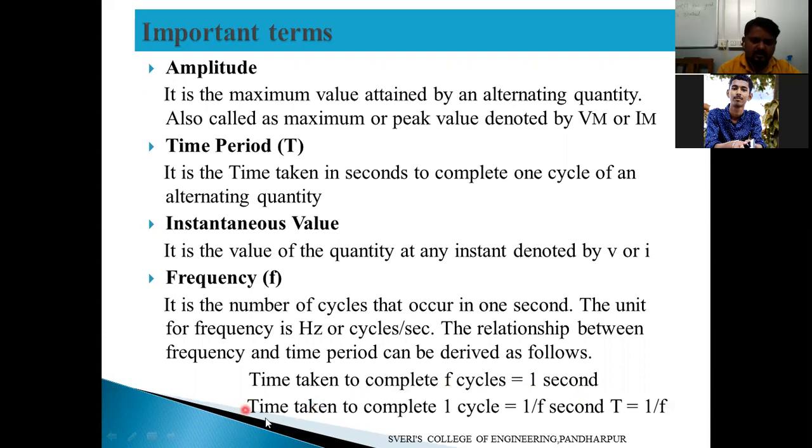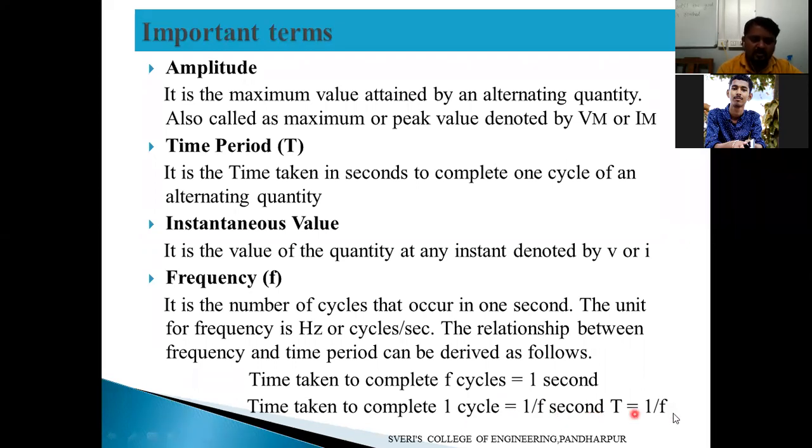Then, time taken to complete one cycle, in brackets capital T, equals 1 by f seconds.